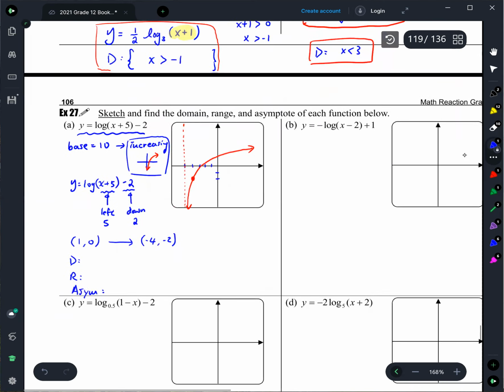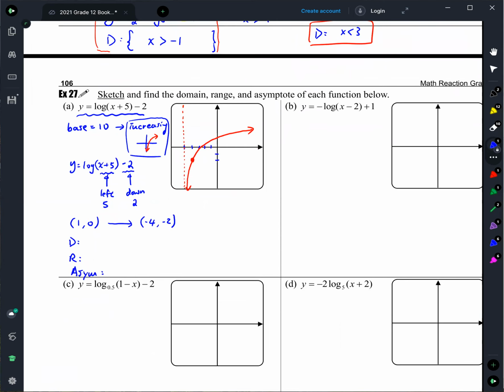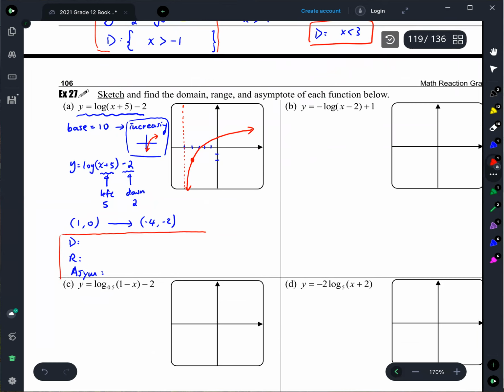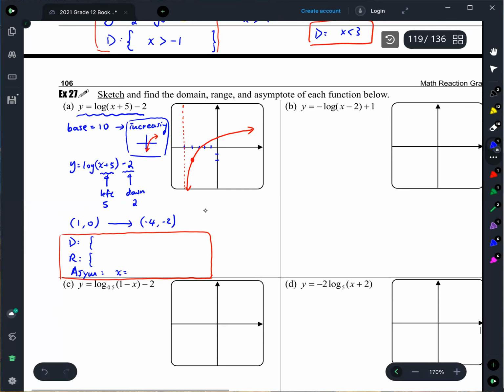Please answer those 3 things and raise your hand. Please write out the domain, range, and equation of the asymptote.